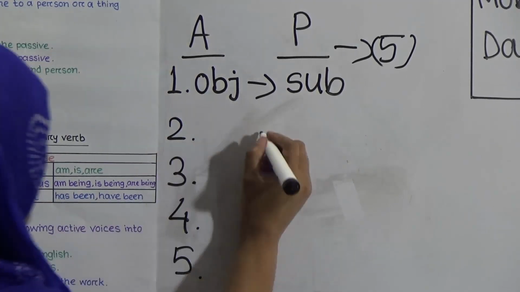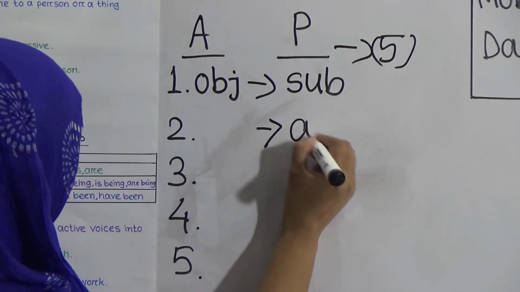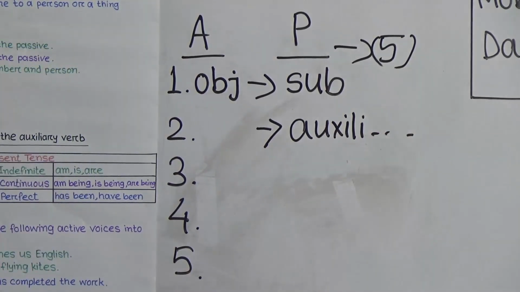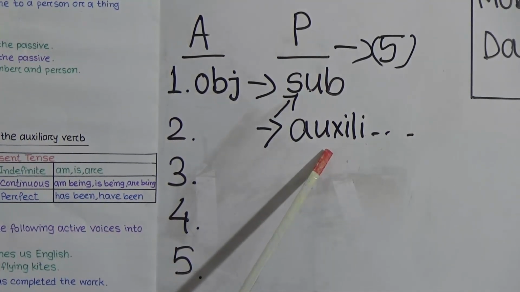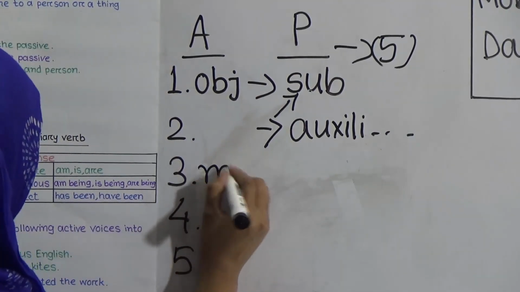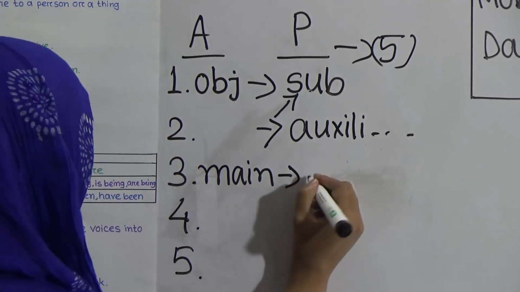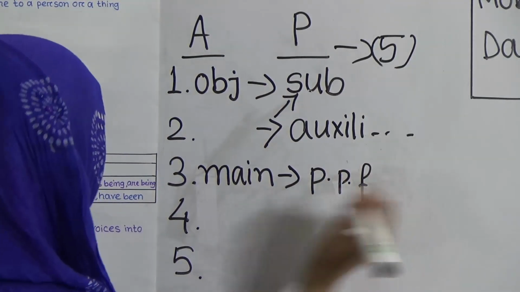Then we have to use an auxiliary verb, and this auxiliary verb must be based on the subject. Based on your subject, you have to choose an auxiliary verb. Then you have to use the main verb. You have to choose the main verb from active voice, and you have to write the past participle form of that main verb.